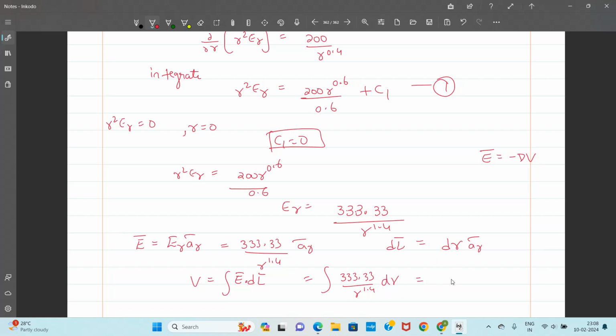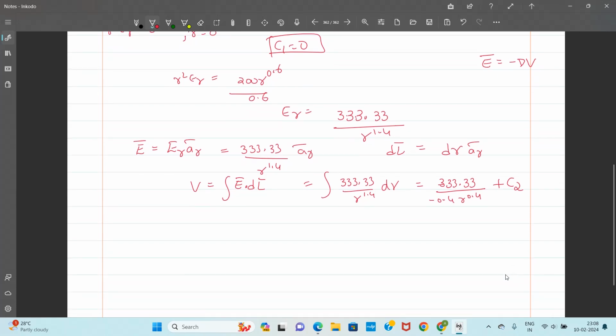Your final solution is going to be 333.33 divided by minus 0.4 r power 0.4 plus a second integration constant. Every time you do integration, by default add an integration constant in this chapter. If you simplify this, 1 by r power 1.4 integrates to r power minus 0.4 by minus 0.4. So now you have the equation for V.